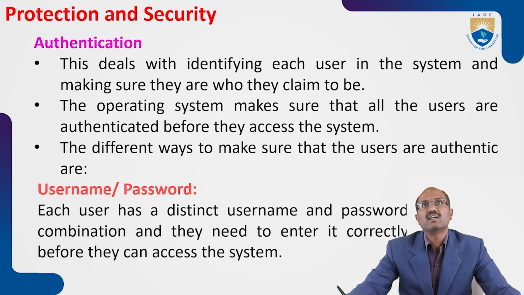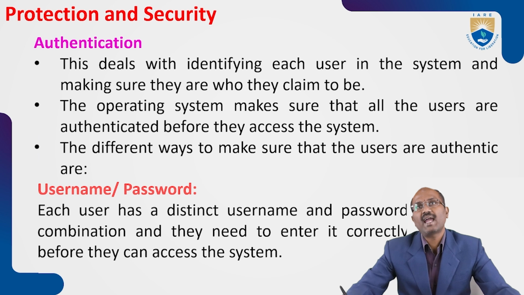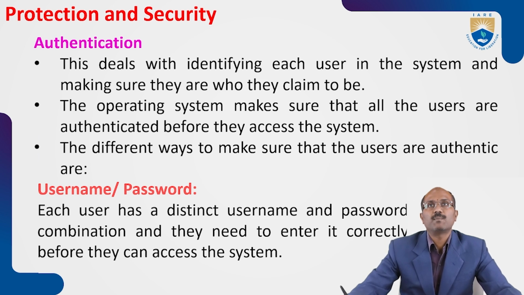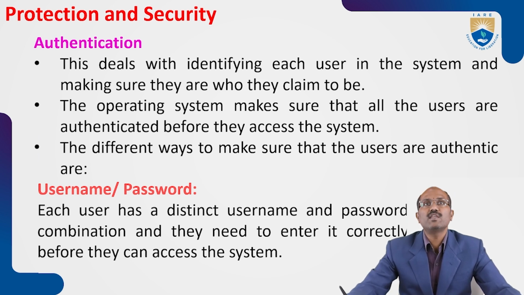Authentication deals with identifying each user in the system and making sure that they are who they claim to be. The operating system makes sure that all the users are authenticated before they can access the system. There are different ways to make a user authentic, such as a username or a password.